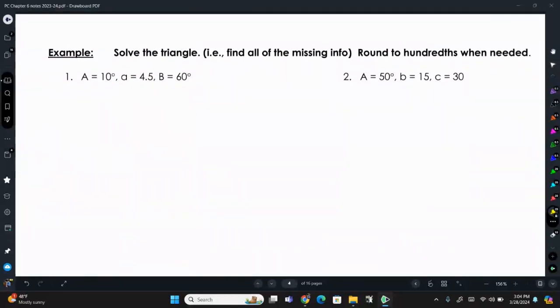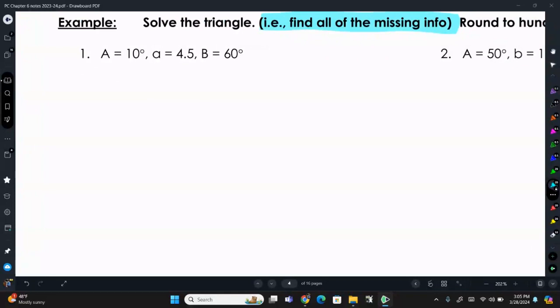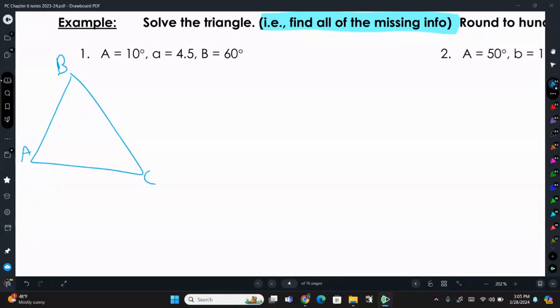So it says solve the triangle, which again means find all missing information, round to the hundredths when needed. So your first step will always be drawing triangle ABC. It doesn't matter how you draw triangle ABC, because I know some people may draw this and say, oh, how do you know angle A is only that big?